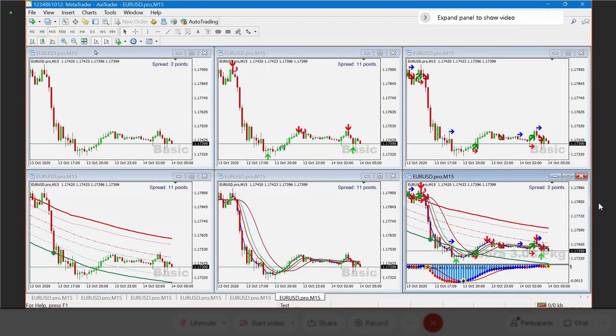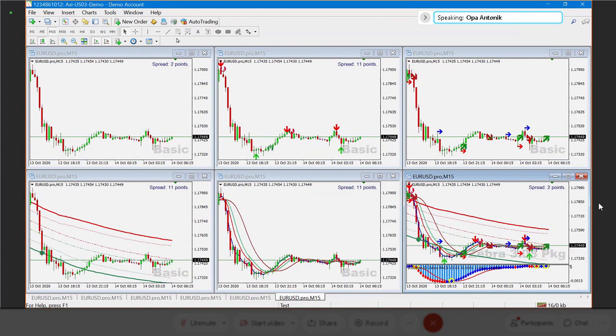All right, so here is a profile that is set up. I call it my test profile. Down here at the bottom, you can see the name. Current profile is test. Now this is all EUR/USD, and they're all 15-minute charts.